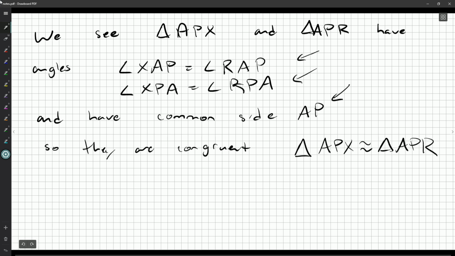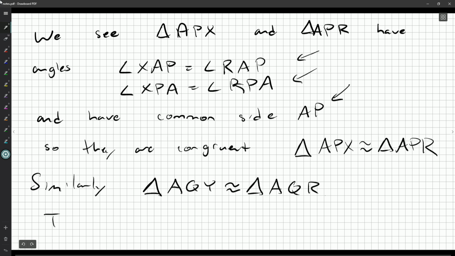And then, so similarly, triangle AQY is congruent to triangle AQR. So we'll say then it follows that XP is the same as PR, and YQ is the same as QR.